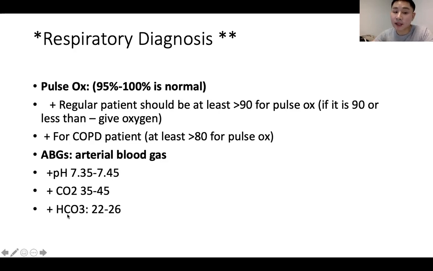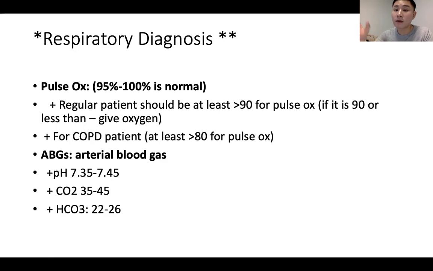Next is HCO3, also known as bicarbonate. It is the same thing. It ranges from 22 to 26. HCO3 is completely opposite to carbon dioxide, because HCO3 is known as a buffer.